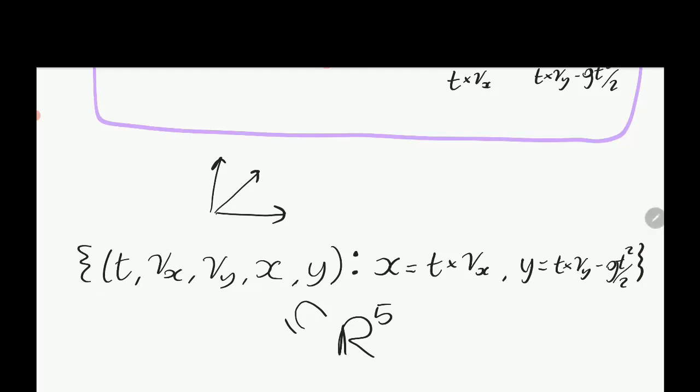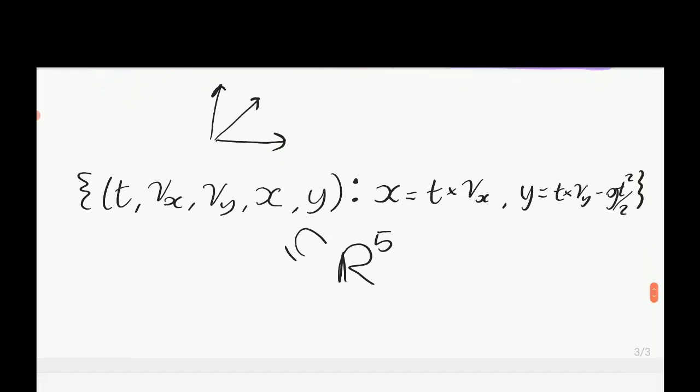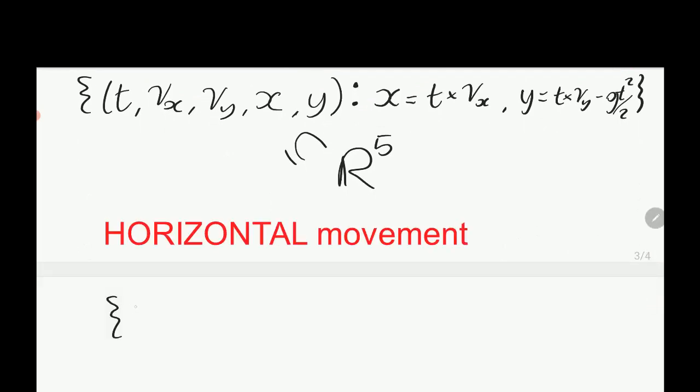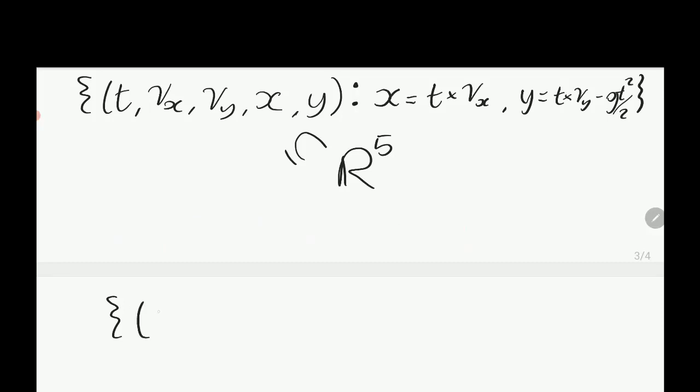Okay, so in particular, let's have a look at what we've already pictured, these 2 surfaces. Let's start with the surface that we've already pictured, showing what's going on with the vertical movement. When you think of that as something in 3D space, it consists of the time, the Vx and the x, which has the property that x is equal to t times Vx.